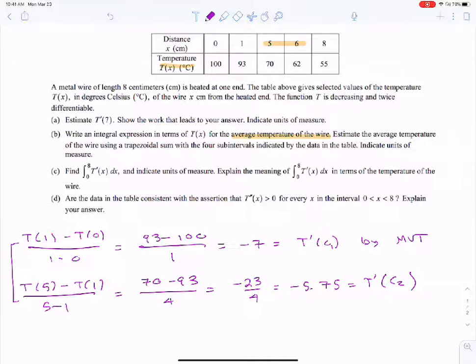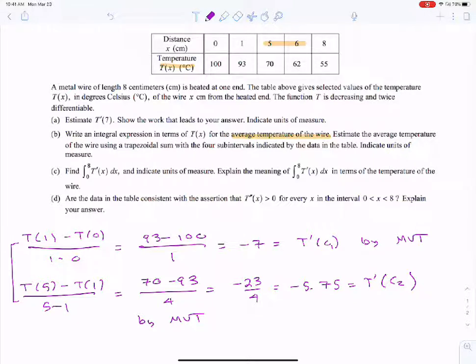Okay, so before I continue though, concept-wise, and I'm just going to put down by MVT, are we okay with these things? Again, I want to emphasize why I'm doing these. I'm trying to find some T prime values. I now can say T prime of c1 equals negative 7. T prime of c2 equals negative 23 fourths. I now have a couple T prime numbers.